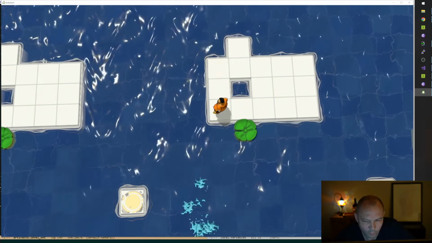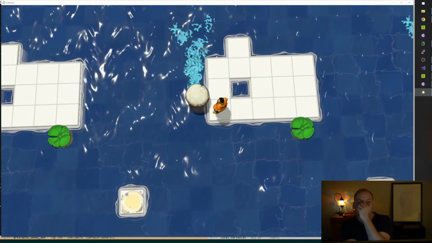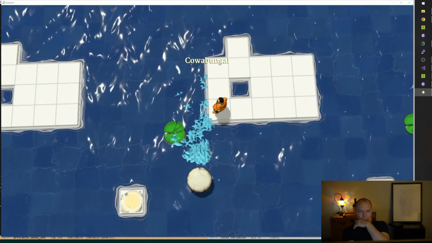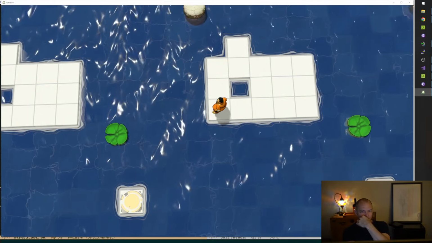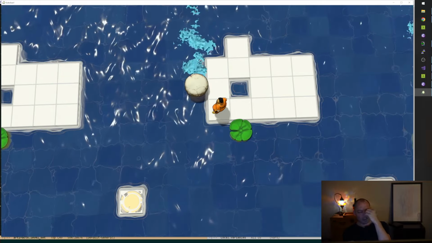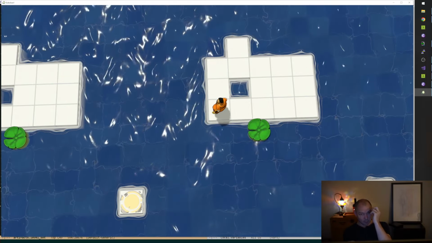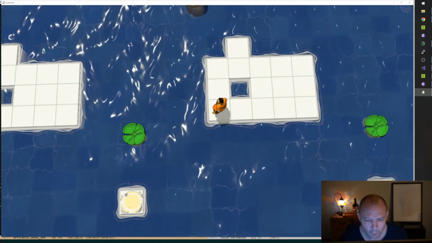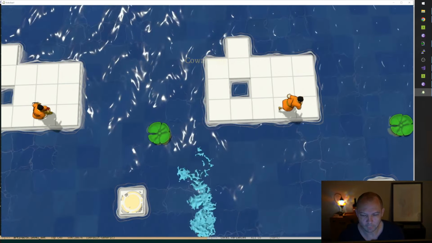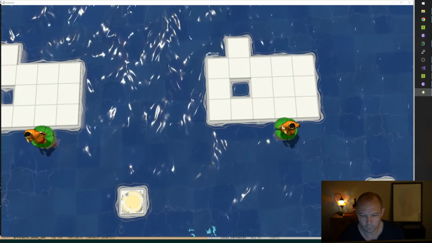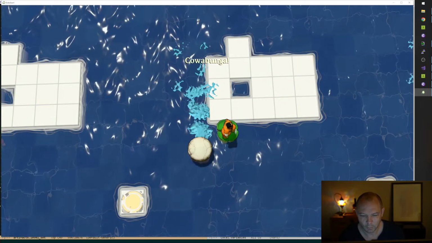How did I get the stone back? I can obviously push it out. Oh, right. That's how I get the stone back. We let it bounce us.